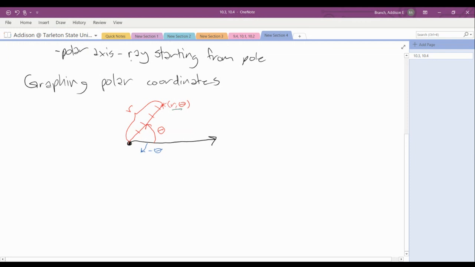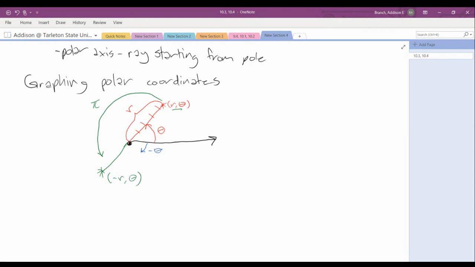You go r units over, but then you add pi to the angle, so therefore you're on the exact opposite 180-degree line. So this would be a representation of (negative r, theta). The amount of units you go is the same, your reference angle is still the same, you just move it 180 degrees.